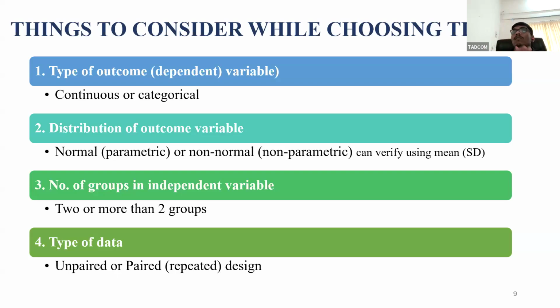Obesity, or the BMI, we can have in 3 categories: normal, overweight, obese. So we may have 3 groups, or only 2 groups.